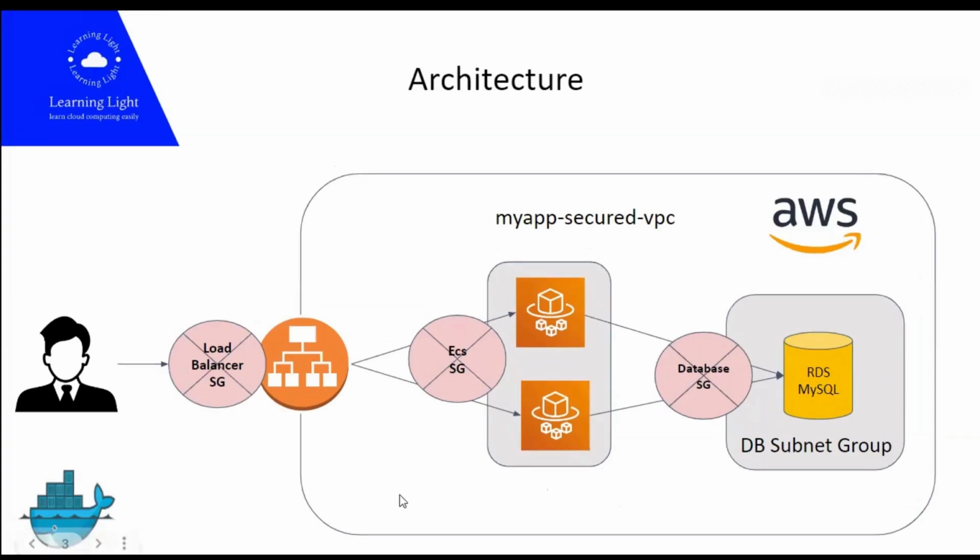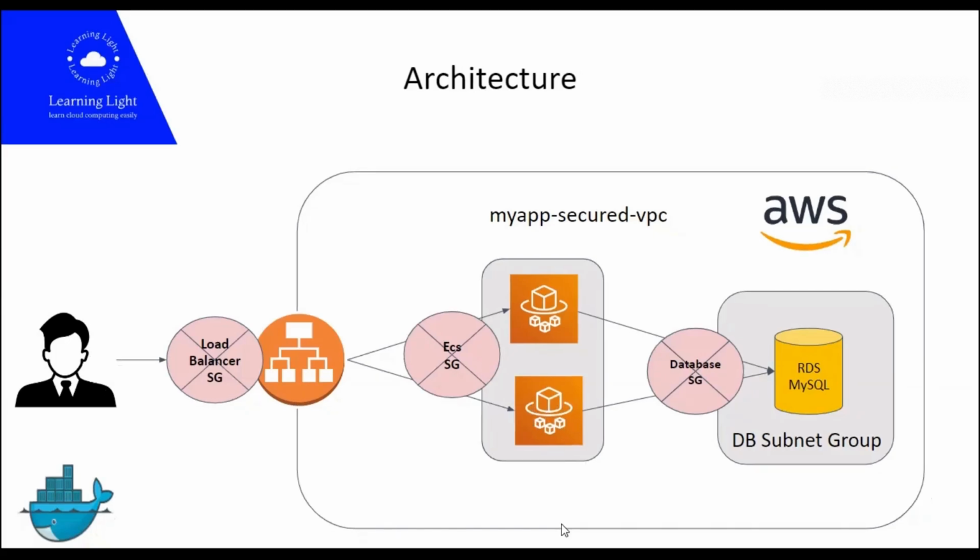Now, the only concern is that our ECS containers have a public IP. When it is alive and running, if somebody from the outside world has that IP address, they can reach this ECS port through 5000. So let's try that.